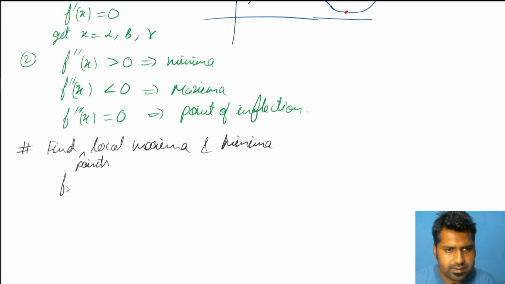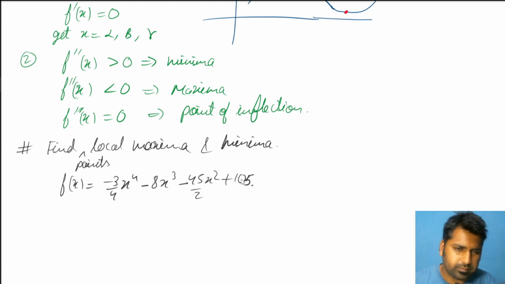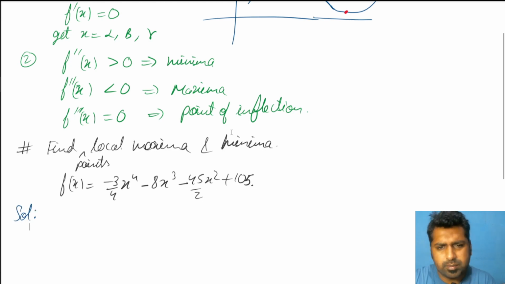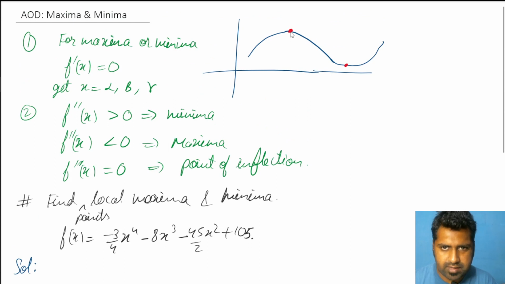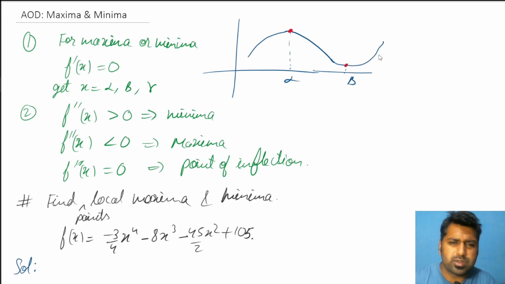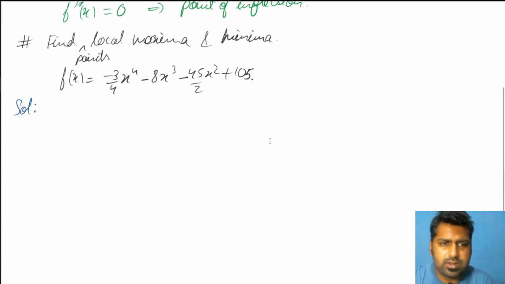Your f of x is minus 3 by 4 x raised to power 4 minus 8x cube minus 45x square by 2 plus 105. Now in order to get the points of maxima minima, the values where it gets maxima or minima, let's say alpha, beta, and another point, we need these points first, then we'll get the maximum value. So f dash x first of all.